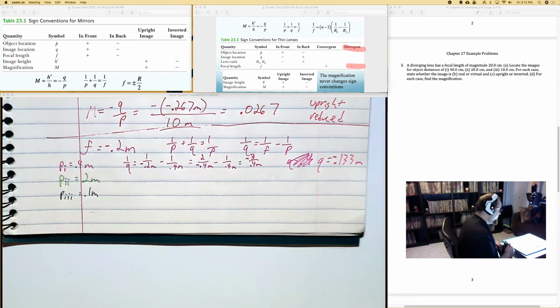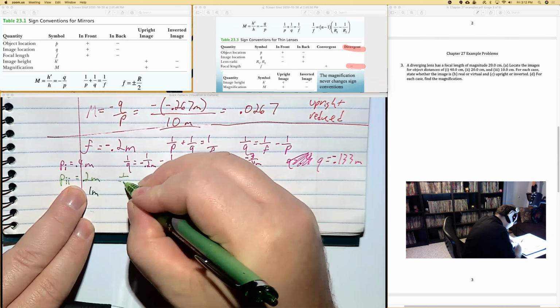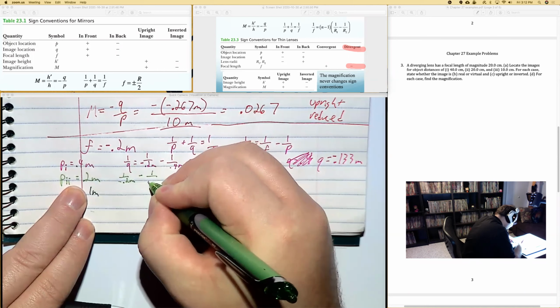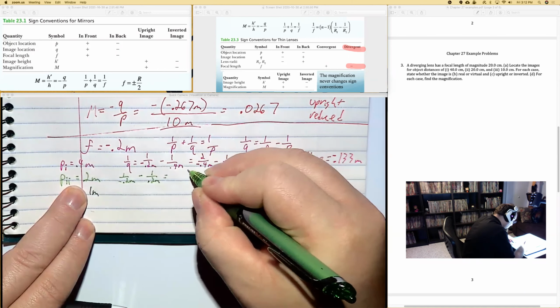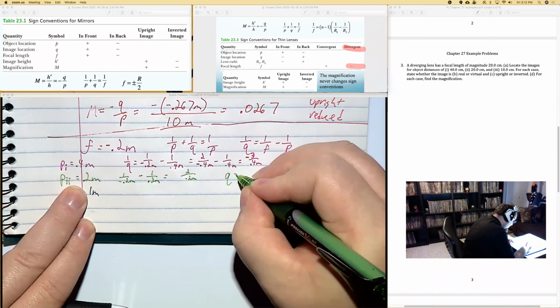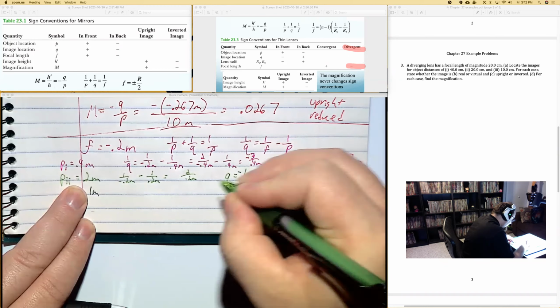That means this is a virtual image. I can then do the same for this one and say 1 over negative 0.2 meters minus 1 over 0.2 meters, which is 2 over 0.2 meters. And therefore, inverting it, Q is going to be 0.1 meters negative.